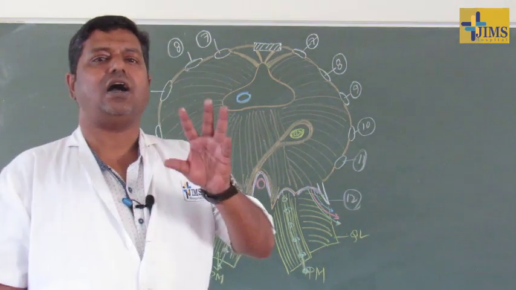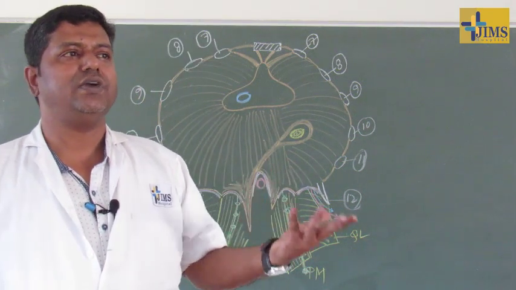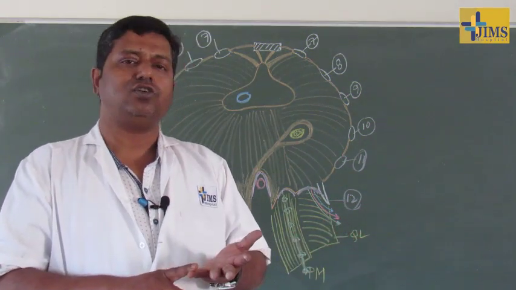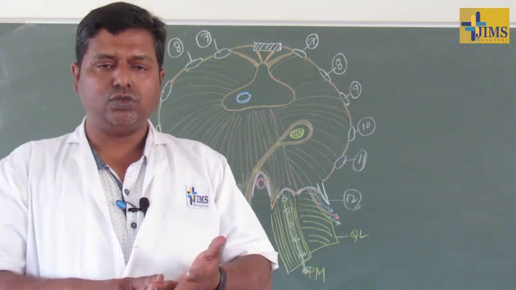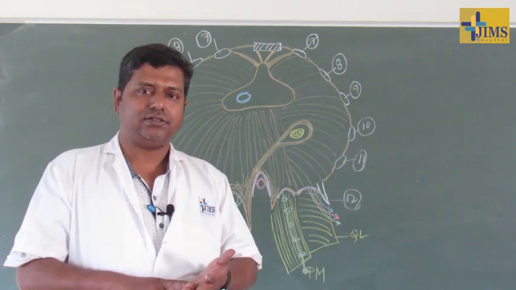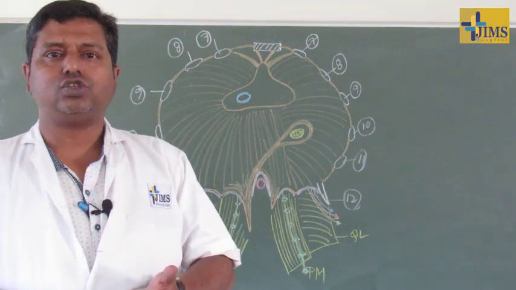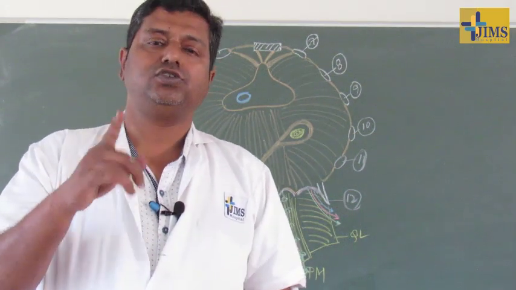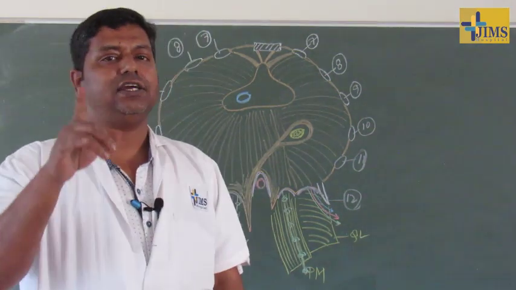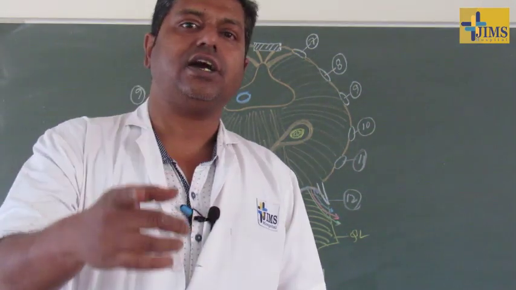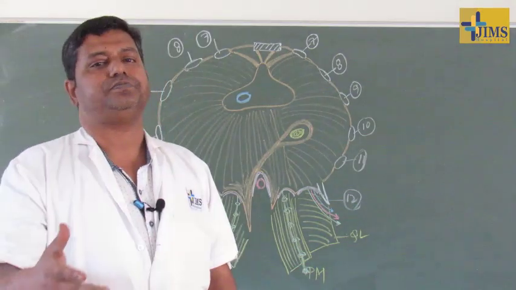Now, what about the arterial supply of the diaphragm? The arterial supply comes from the following arteries. Number 1, the musculophrenic artery. Number 2, pericardiophrenic arteries. Number 3, superior phrenic artery, which is the last branch of the descending thoracic aorta.